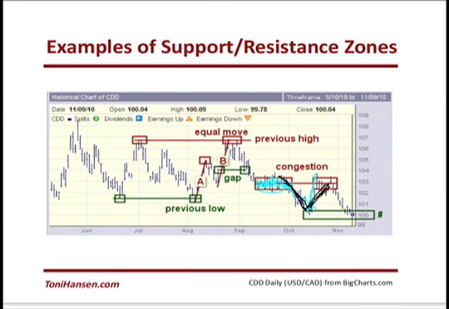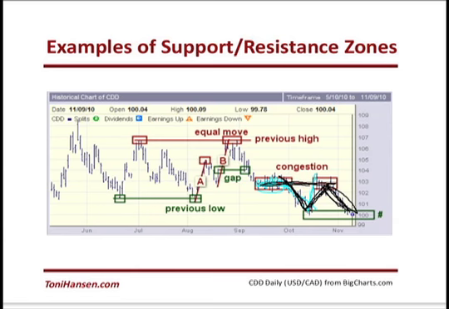It more likely would have come into the middle of this congestion zone, held that level, and then turned back lower. So oftentimes when you're dealing with these congestion levels, the middle of that congestion is the strongest resistance. We just had a stronger momentum move off of this low that allowed it to recover a little bit more strongly than you would see in many cases.